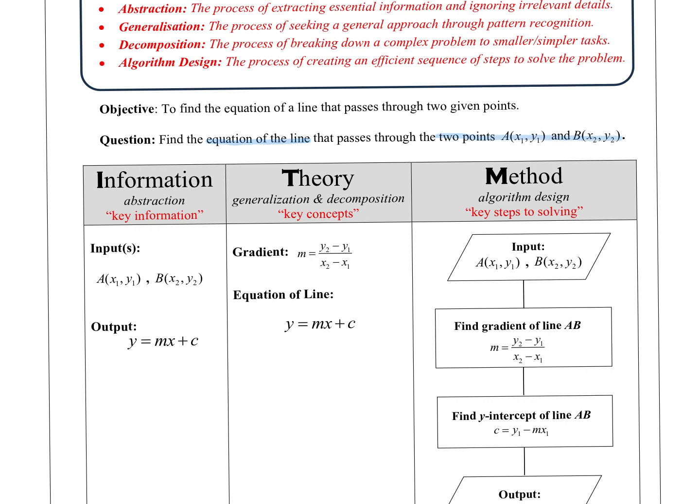So under abstraction, we know that these are the 2 relevant points that they give me. And what I want to find is the output. So maybe you can write in your notes what you want to find or solve. Input is what you sub in, what info you have.